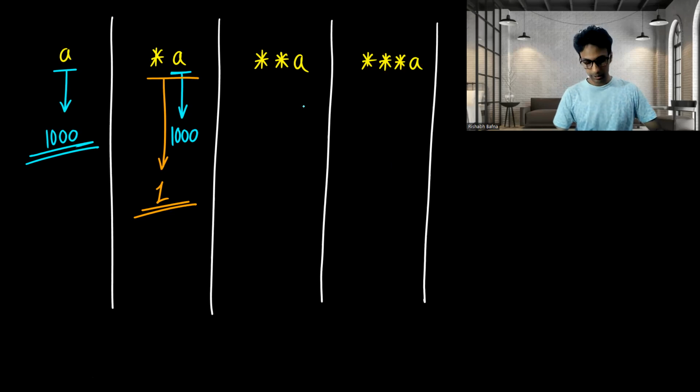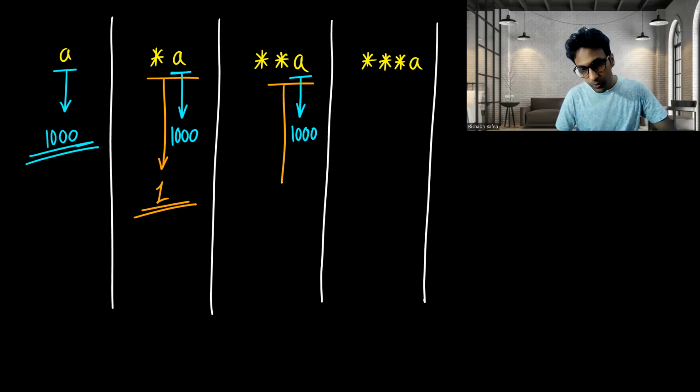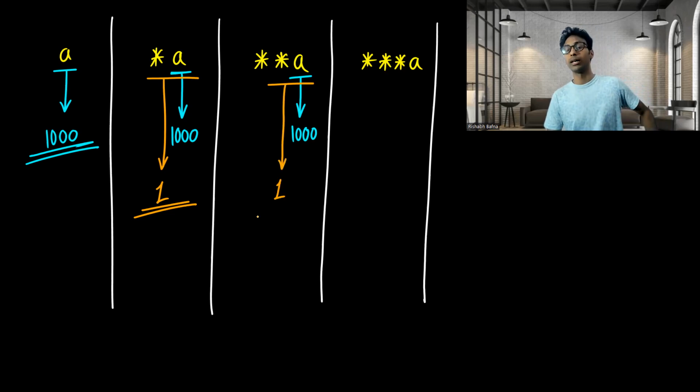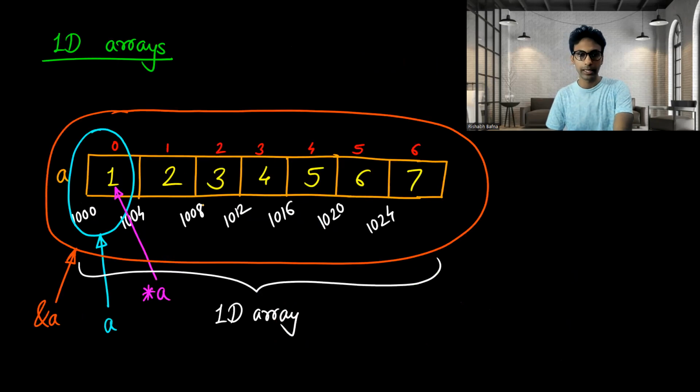It is 1000. What will the star indicate? It is 1. If you go one level inside with the help of star, you are dereferencing it, and you get the value of the zeroth location, the value of the zeroth element of the 1D array. It is 1. We took values like 1, 2, 3, 4, 5, 6, 7, and so on.